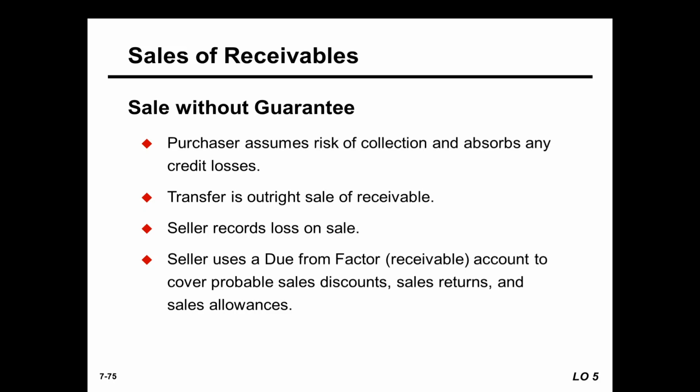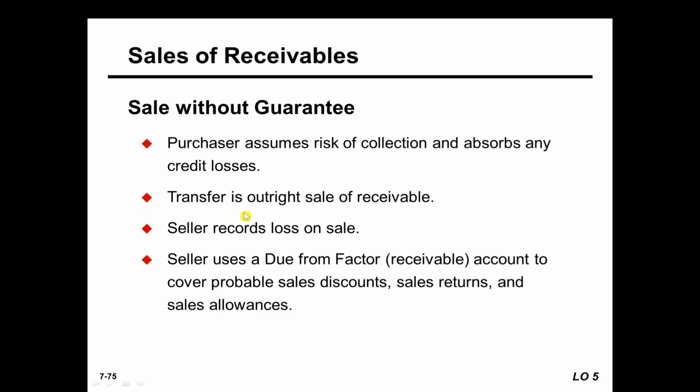This is the example of sale with guarantee, where the purchaser assumes the risk of collection. So the purchaser of the receivable will assume the risk of collection and absorb any credit losses, but it is also a transfer, an outright sale of the receivable.